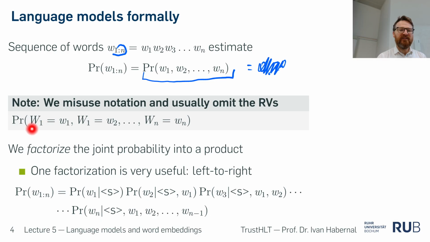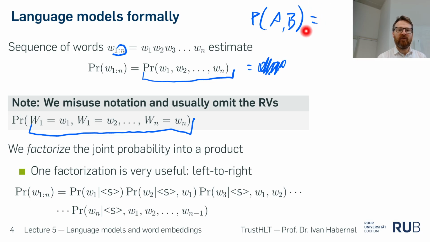Okay, so this is the joint probability, and of course if you have a joint probability like P of A, B, you can factor it into a conditional probability like P of A given B times P of B. From the definition of conditional probability, you can do that, right?